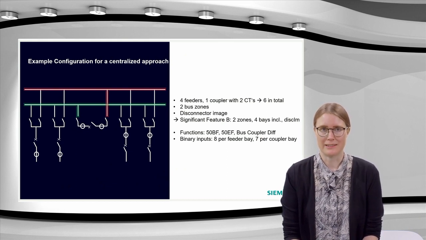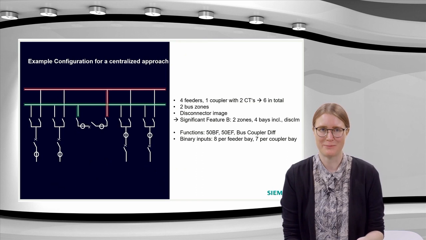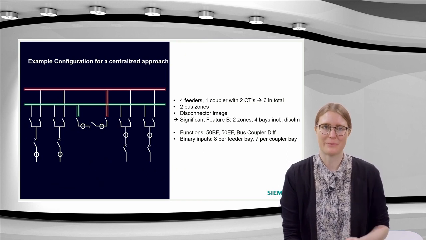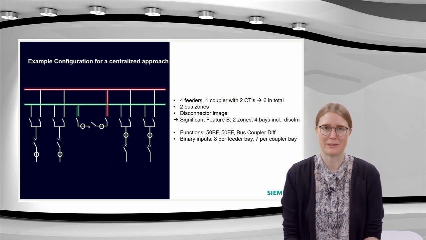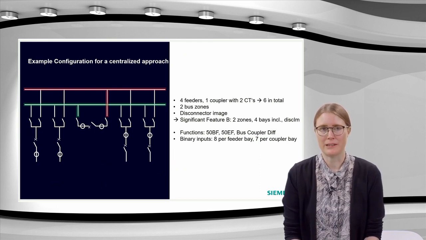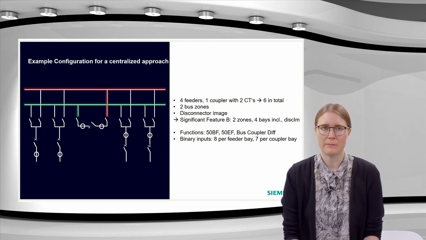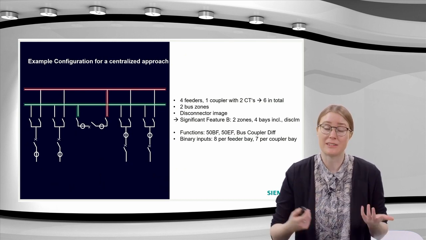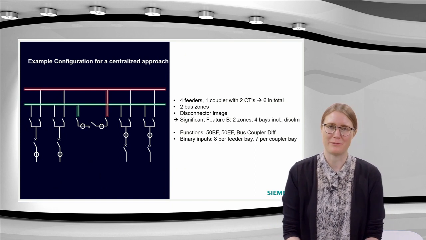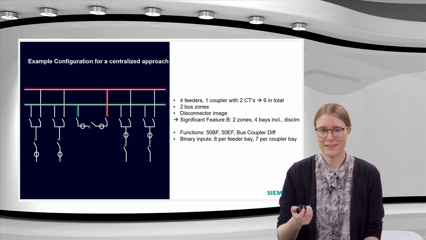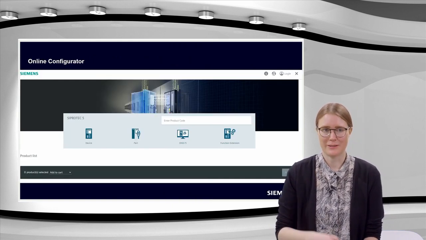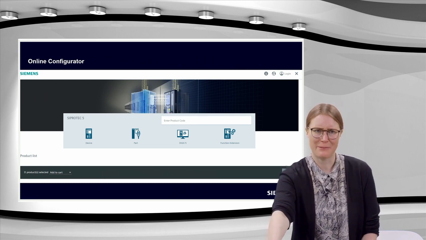And the eighth binary input that we need is the start signal for the circuit breaker failure protection. For the coupler bay, we only need 7 binary inputs because there we don't want to configure additional circuit breaker failure protection. So much about this example.